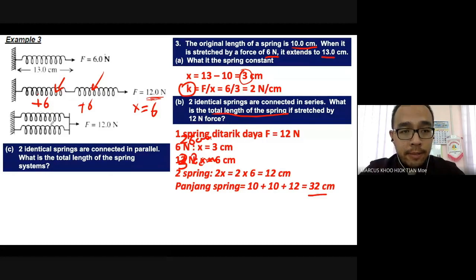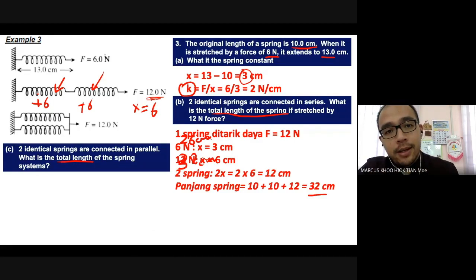Okay, same thing but now in parallel. What is the total length? Since the force is 12, the extension will be 6 lah. Okay, but now what is the total length of this one? The spring system. Dari sini sampai sini.